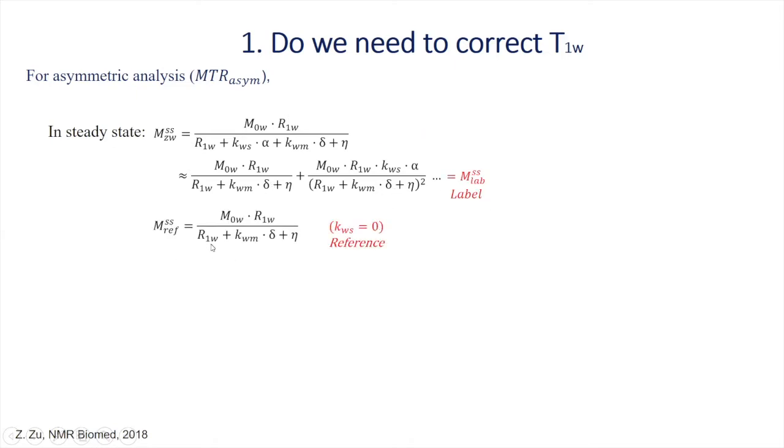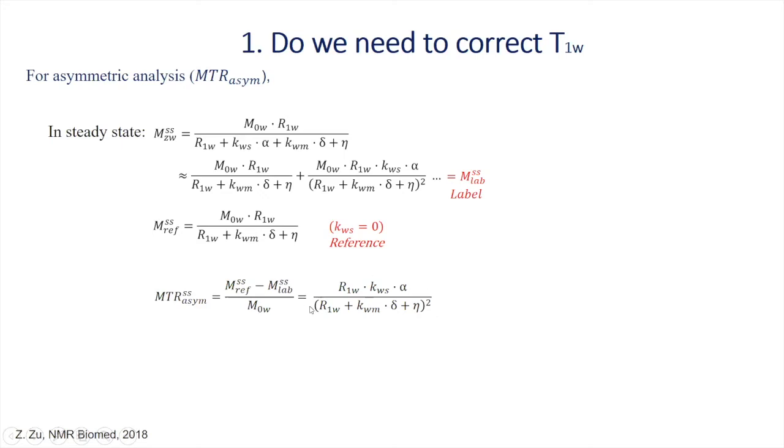And in the reference signal, the exchange effect is zero, so KWS is zero, and we can get the reference signal by setting KWS to zero in this equation, and we get this equation. And MTR asym will be the subtraction of the label and reference scan, normalized by the control signal.